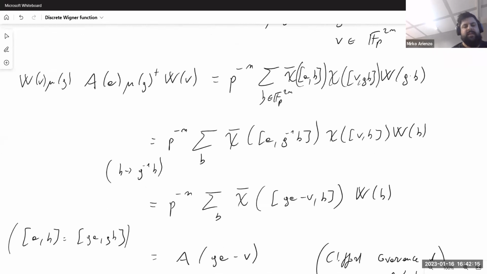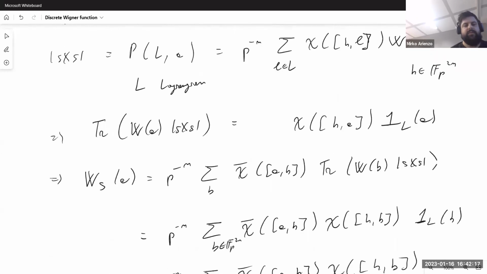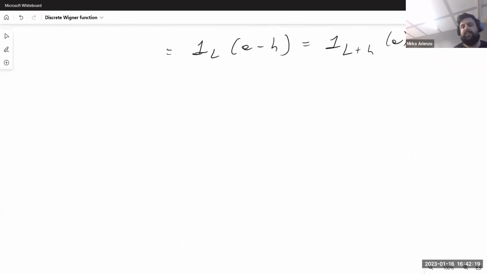And the last thing that I want to tell you about this Wigner function stuff is the even case, where everything is not working anymore. That's because when we discussed the even case, we had additional phases, right?